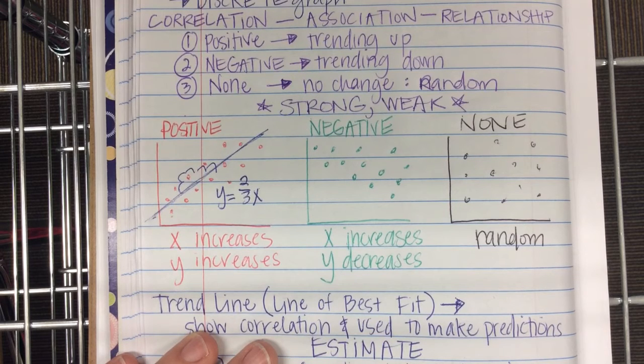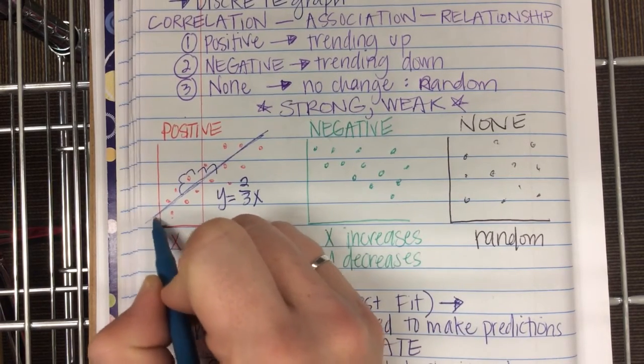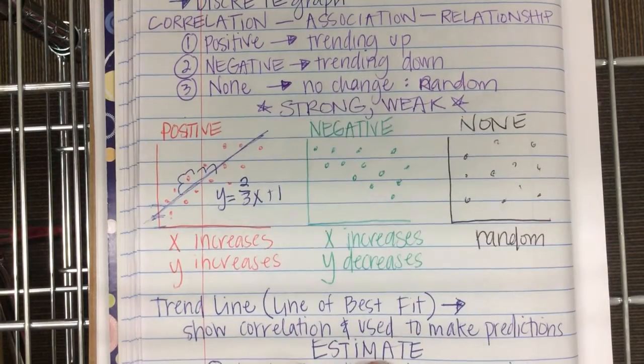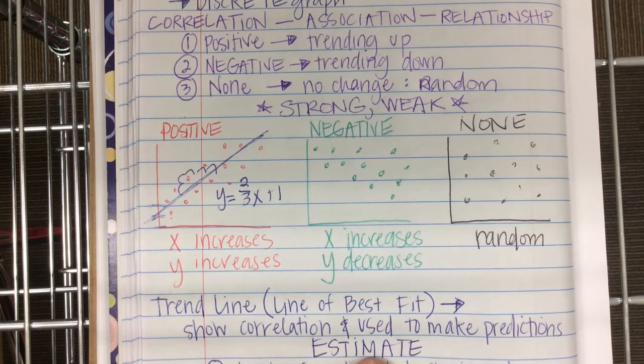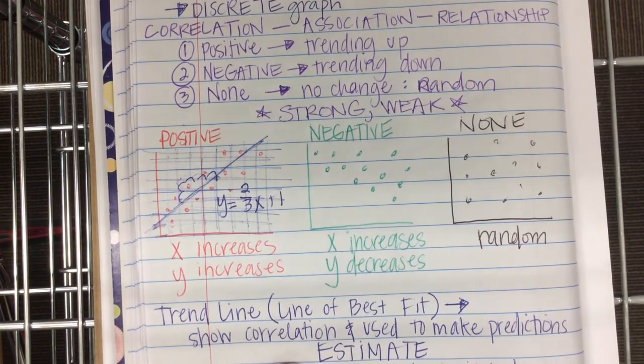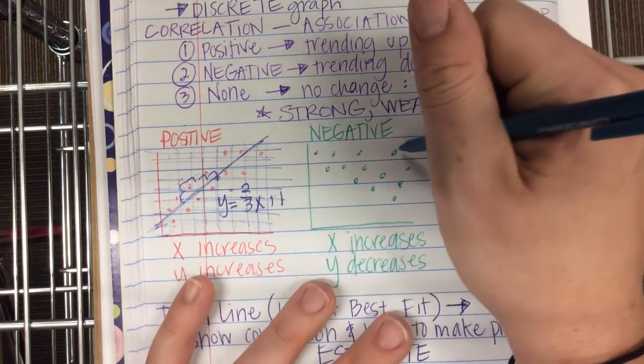And what's my intercept? I mean, maybe this is 0, 1, 2. So maybe plus 1.